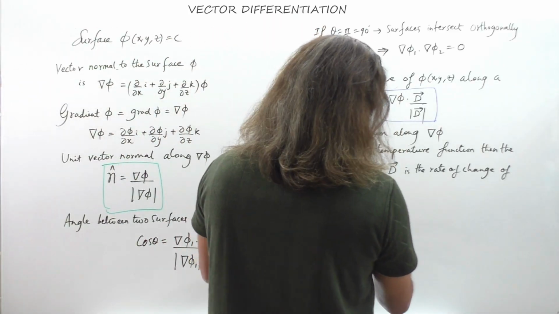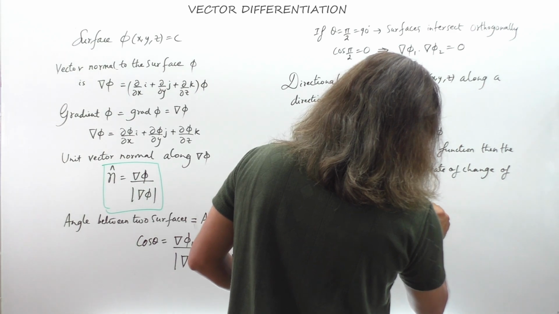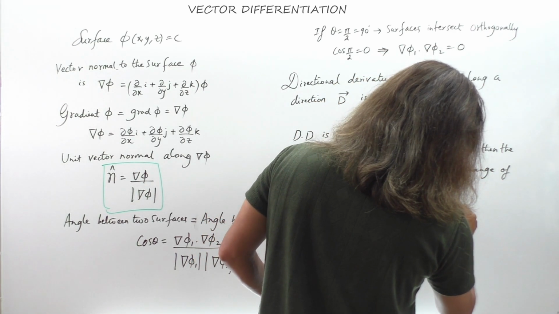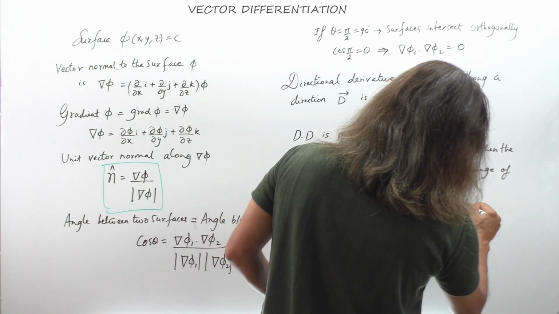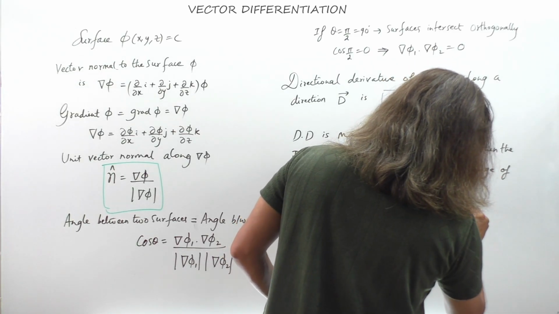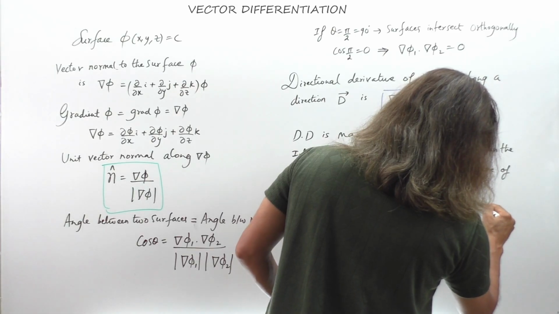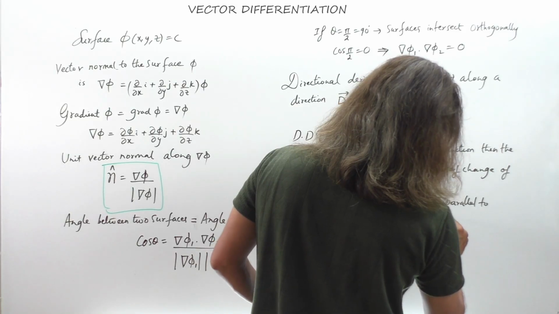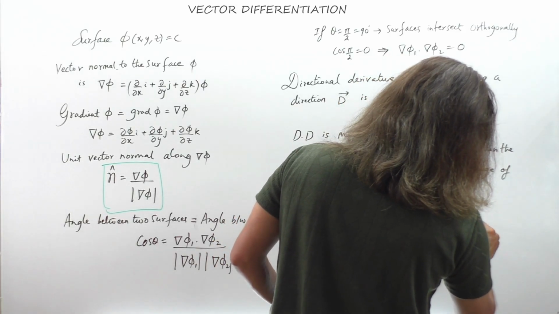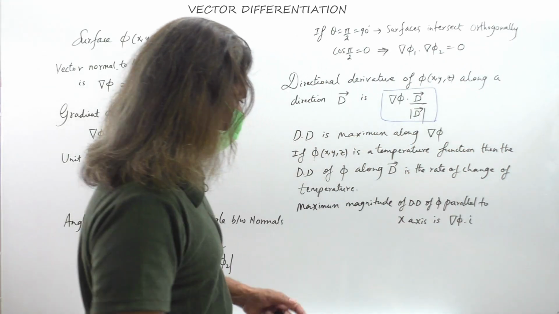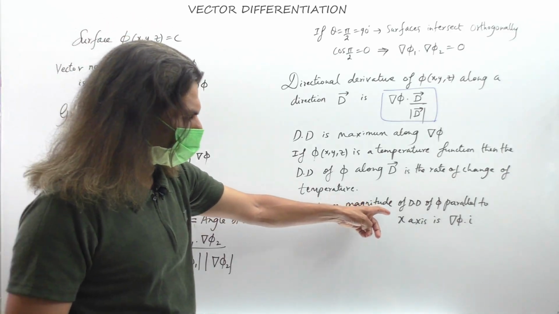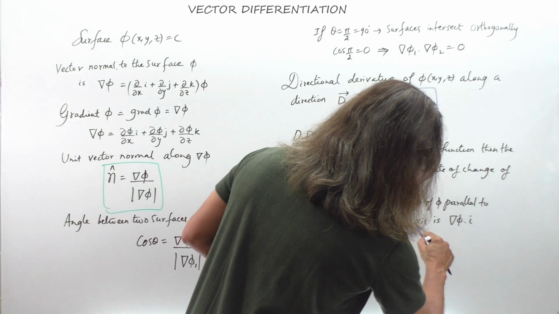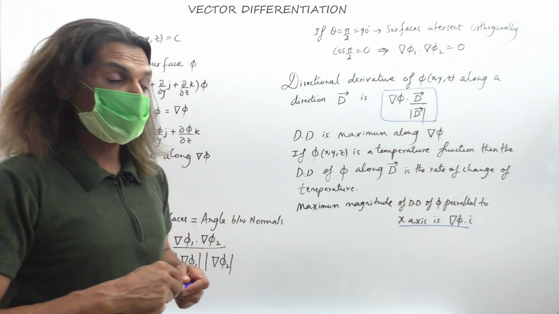So, the maximum magnitude of directional derivative of phi parallel to x axis is del phi into i.